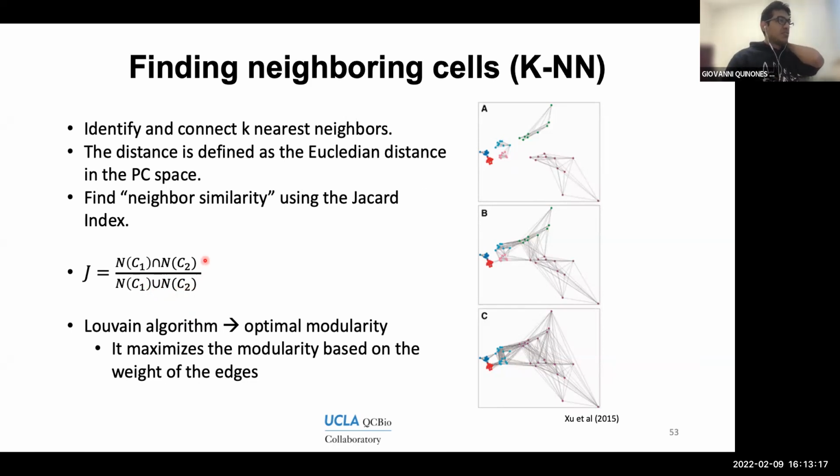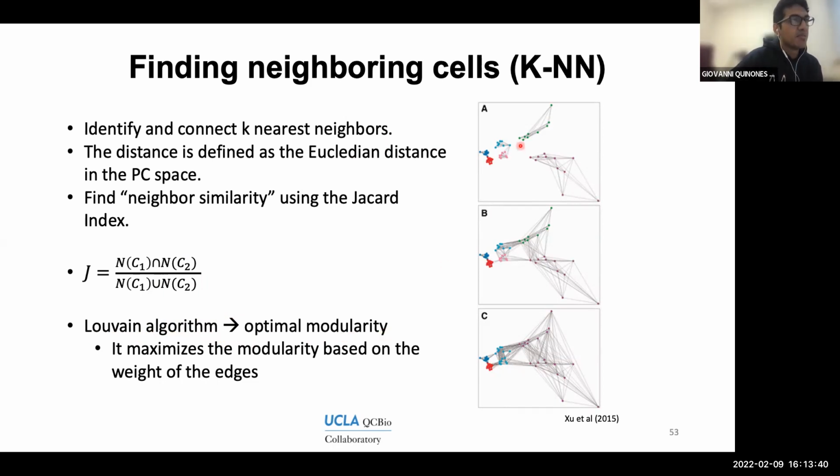Once you've defined this graph and the weight of the edges, you use a modularity algorithm, one of them being the Louvain algorithm. The Louvain algorithm finds the optimal modularity.